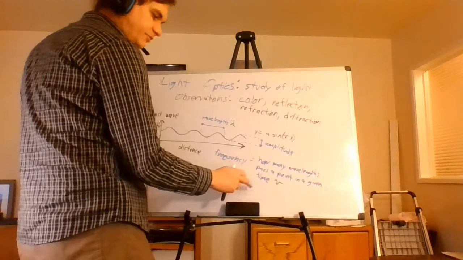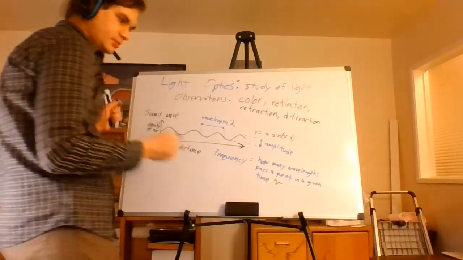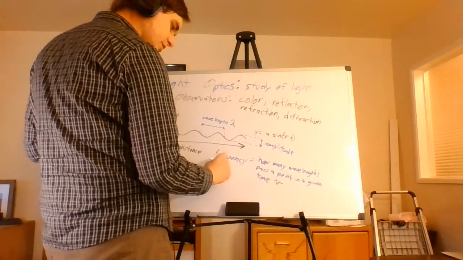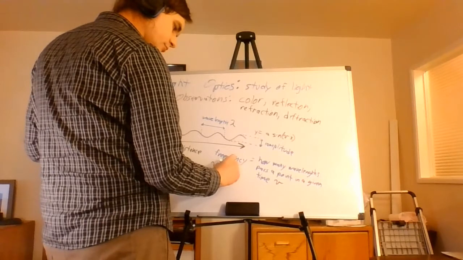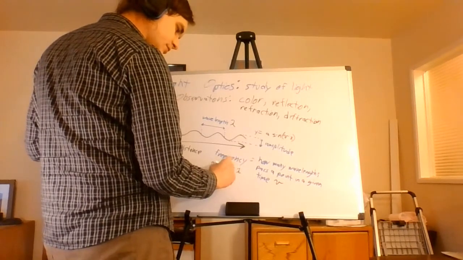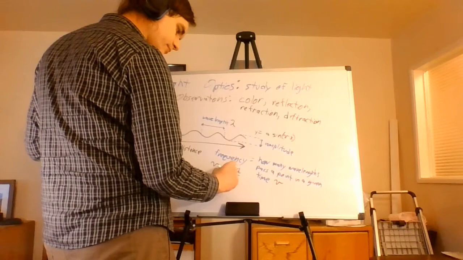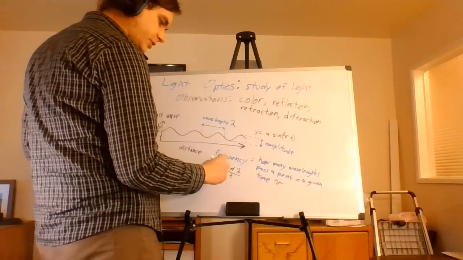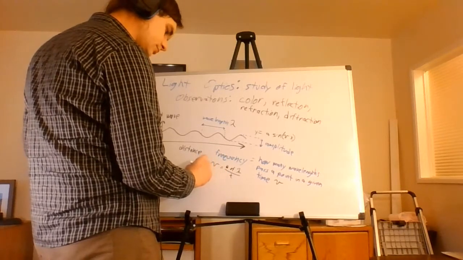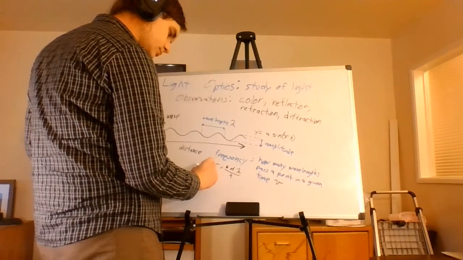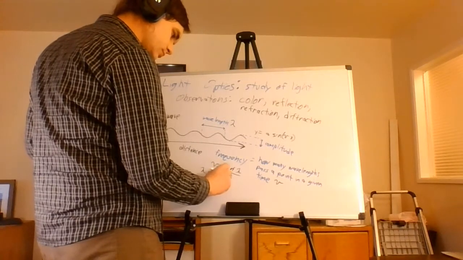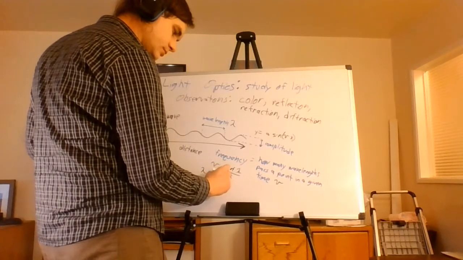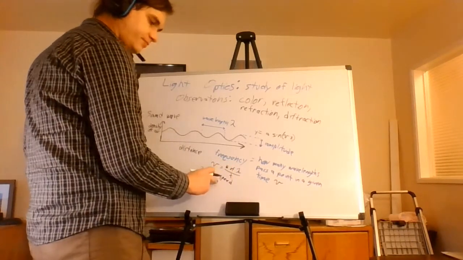And so the frequency equals the number of wavelengths over time. If we multiply this by the wavelength, then what we end up with is the speed of the wave.